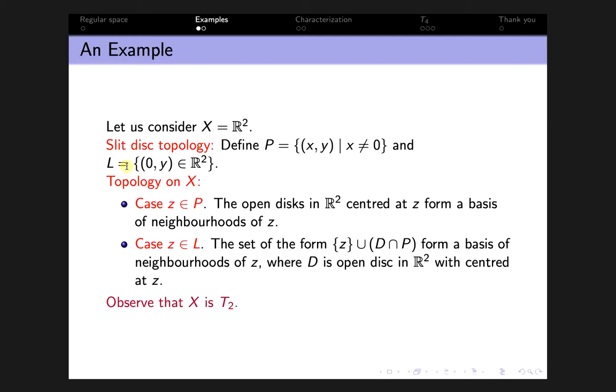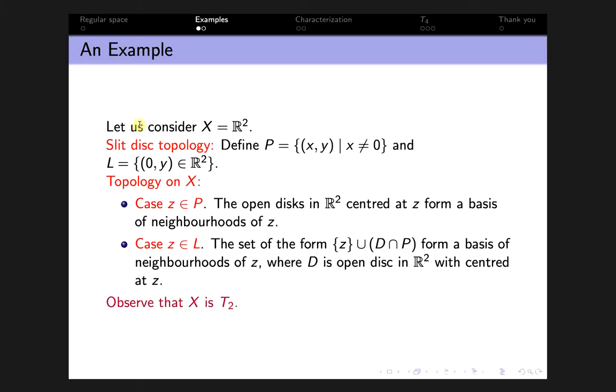Right? Now we define the topology on the set X, where X equal to R cross R, that is equal to R2. Basically, we define the topology on R2, called the slit disk topology, by describing local bases for the points in X.